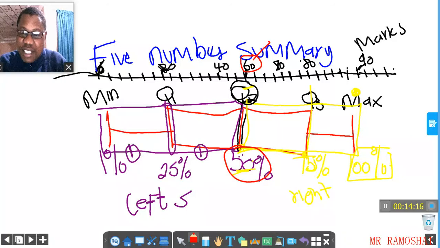Therefore 50% of the whole class got less than 60, and again 50% of the class got more than 60 marks. Let's go to this mark here, which is 30.